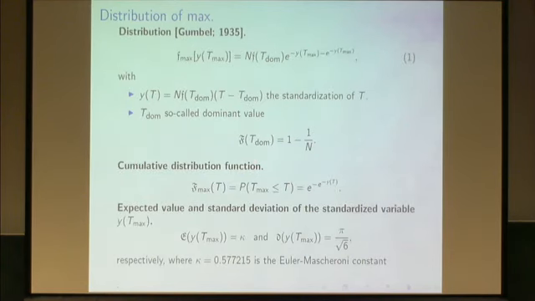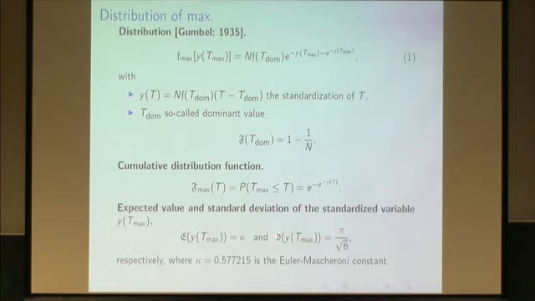I give you a specific distribution here: it follows the so-called Gumbel distribution. It looks a bit strange around the dominant value, but the only message is that you have a finite number of random variables, you take the maximum, and you would like to get the statistical information out of that. You get the density of the distribution, you get expected values which are extremely precise, with the Euler-Mascheroni constant here, and you get the standard deviation for that.